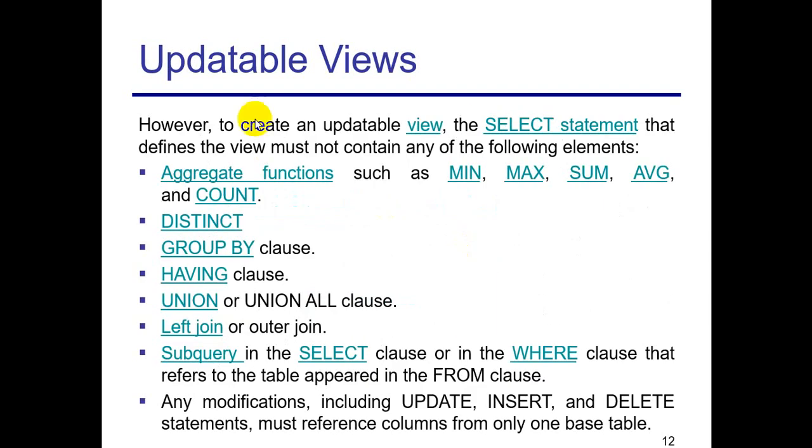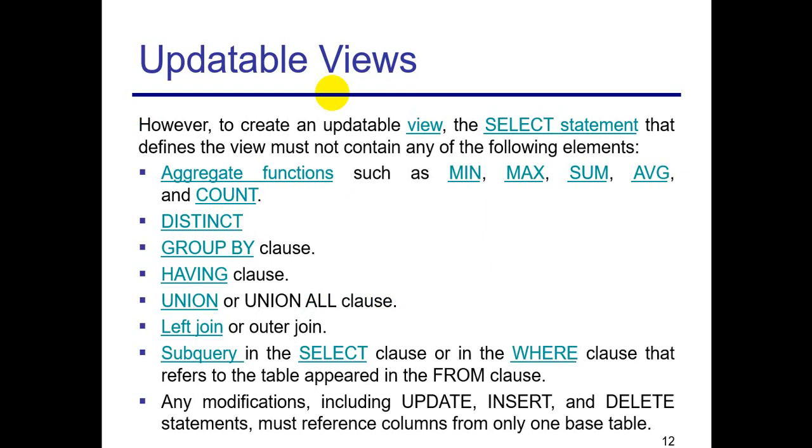So there are certain, not certain, there are actually a lot of requirements when we are creating updatable views. We have to follow all of those requirements, and after that you will be able to create the updatable views.